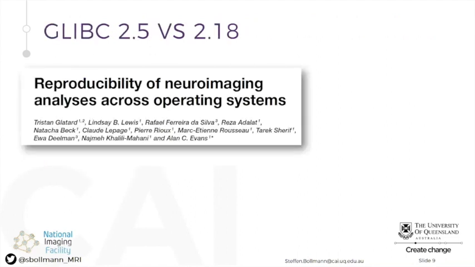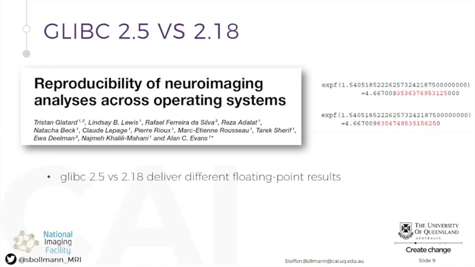One problem that comes with this was nicely looked at in a paper that examined different analysis pipelines in neuroimaging. They looked at how the results change if one underlying library changed. GLIBC is the standard C library, which implements very basic math in C. It's used by almost all programs that run on Linux and Mac.